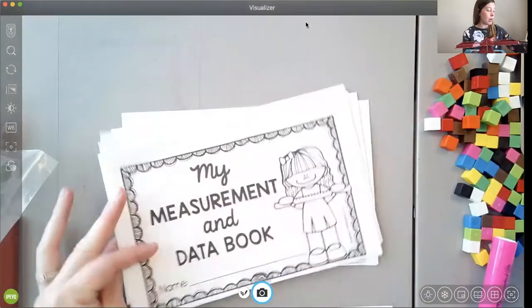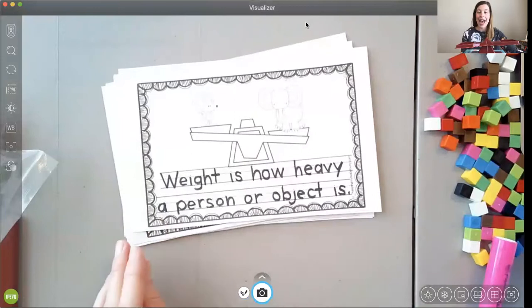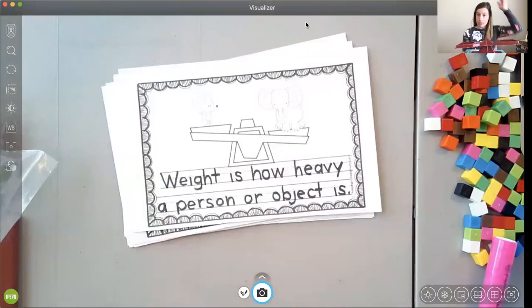So today we are going to talk about weight. Weight is how heavy a person or an object is. So sometimes when you go to the doctor, they may weigh you because they want to know how much you weigh. So they'll stand on a scale. This is a type of scale. This isn't a scale that you would stand on at the doctor's office, but it is a scale, okay?